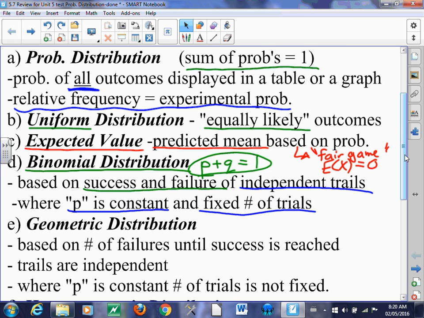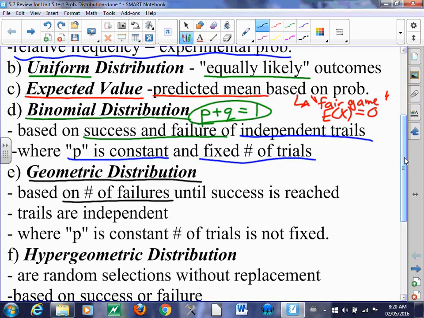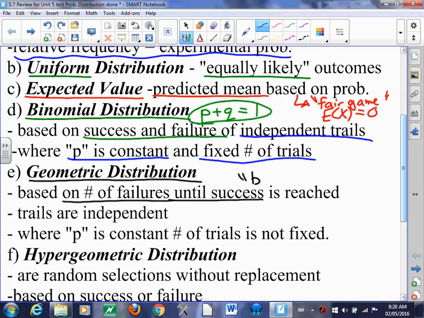Then we took a look at a different type of probability, what's called geometric, and geometric has a different order. This is where X is the number of failures until success is reached. So you're going to see the word before, like there were 5 phone calls before we reached the first one.